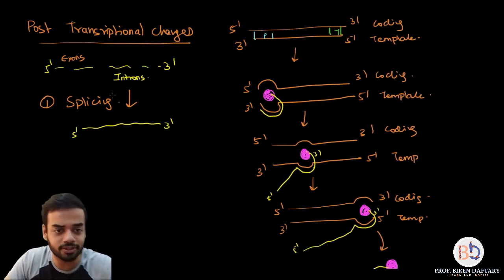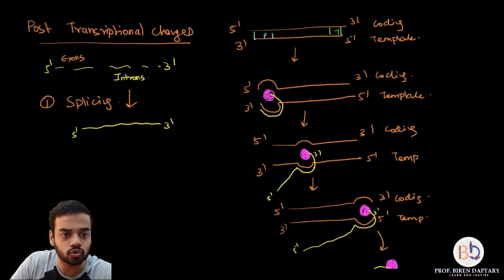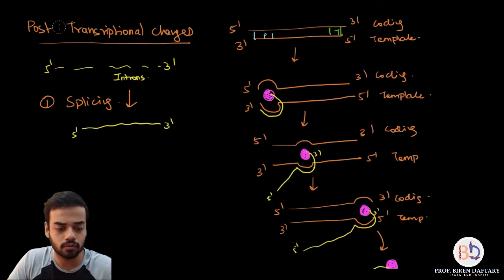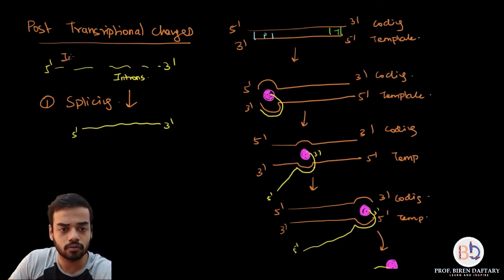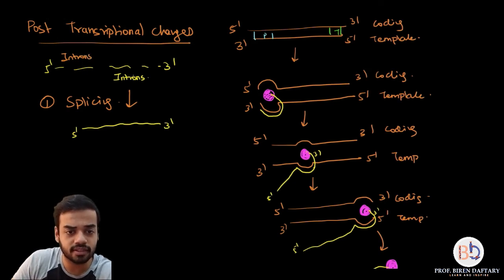Actually I made a mistake over here. I should have shown introns in orange color, so I will just rub this off. Okay, and this exons in yellow color.